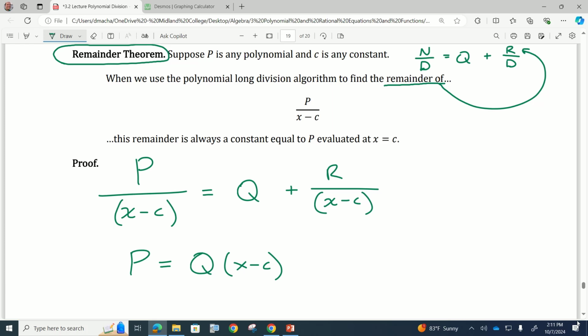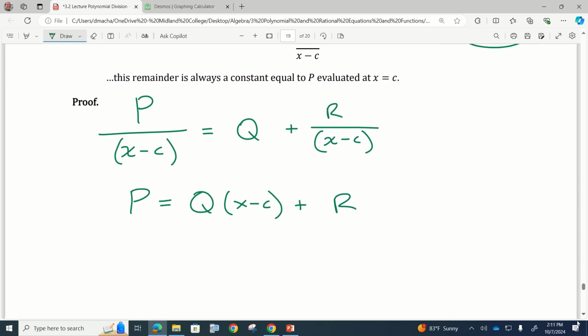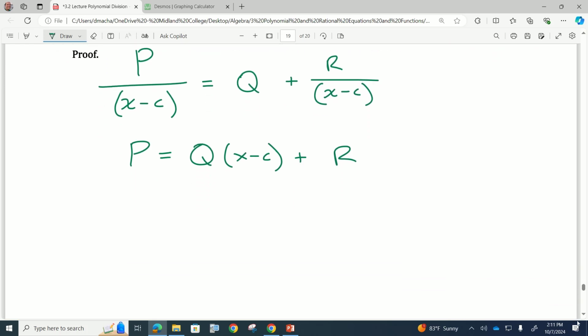So on the left side, it cancels and I just get P. On the right side, I get Q times x minus c plus R. When I multiply by x minus c, it cancels out that one too. Okay? So now I've got a formula for my polynomial.